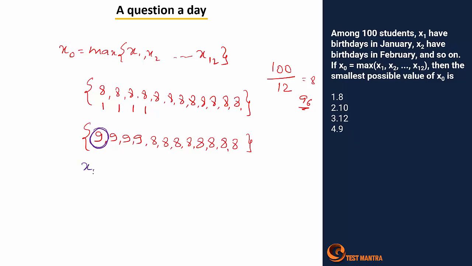So X0 can have the smallest possible value as 9.